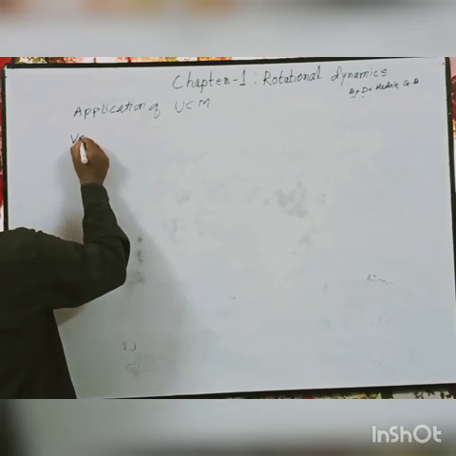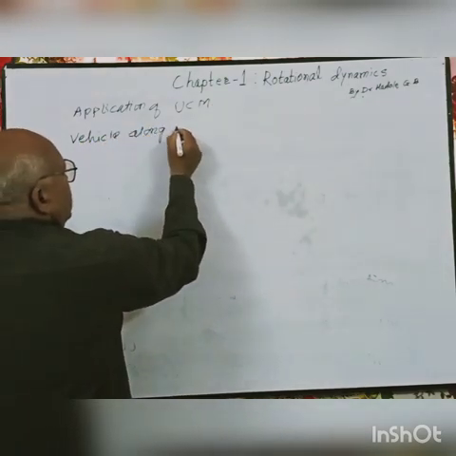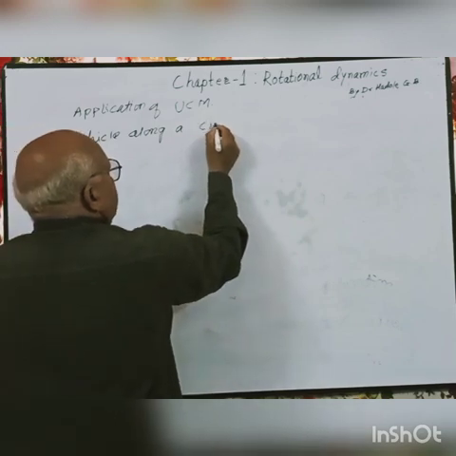In this case, we are going to consider a vehicle along a horizontal circular track.